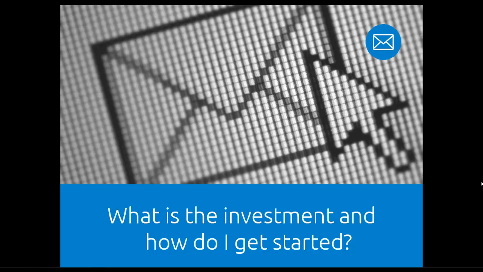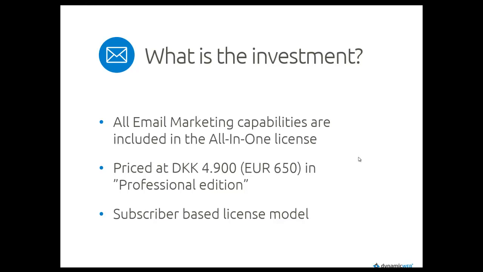And what I would like to share now is how you actually get started with this and how the investment is. And if you look at it, you might have the all-in-one platform already today, and if you have it, the license is actually included. If you don't have the all-in-one license, have one of our old licenses, you can buy it as email marketing as a module, or you could of course consider upgrading to the all-in-one platform and get all the email marketing capabilities that are ready for you there.